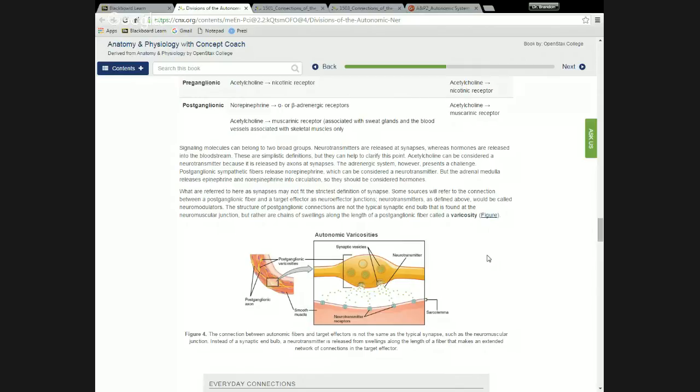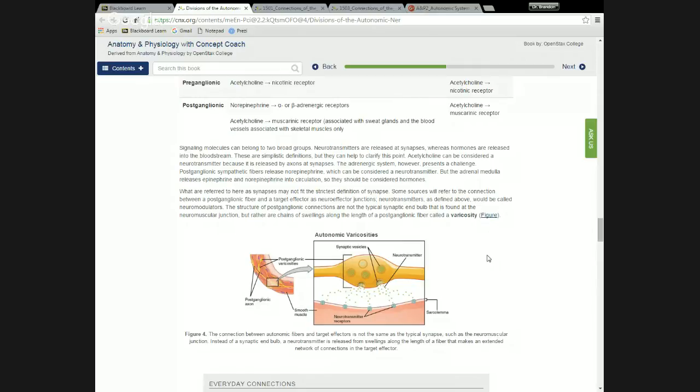The preganglionic fiber is short for the sympathetic system and long for the parasympathetic system, relatively speaking. And the postganglionic fiber is, relatively speaking again, long for the sympathetic and short for the parasympathetic. Okay. I thought I had a picture that basically showed this in the book, and there needs to be one.